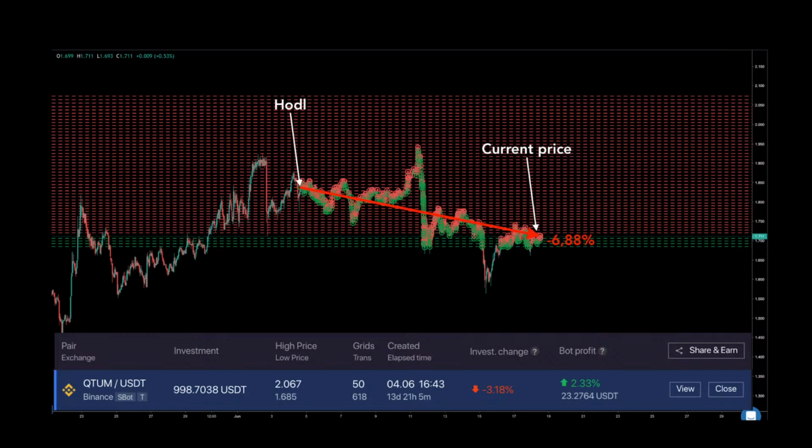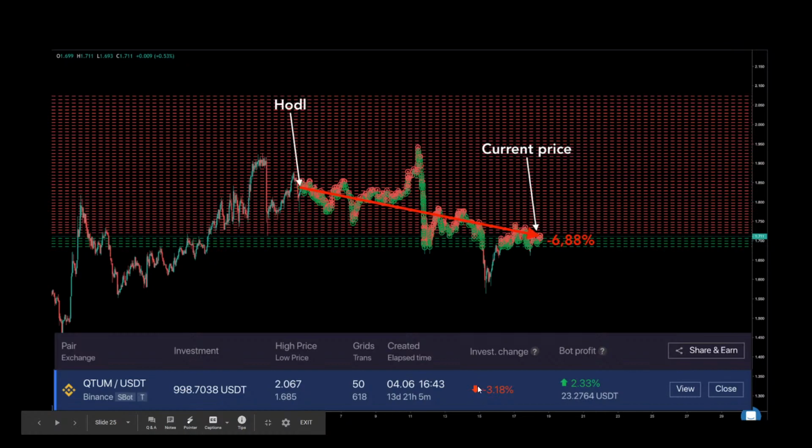But when you launch the bot at Bitsgap using either the SBot or the classic bot, you will find out that if you would have launched it at the same price and date instead of the HODL, then down to the current price, you would not be down by 6%. You would only be down by 3%.